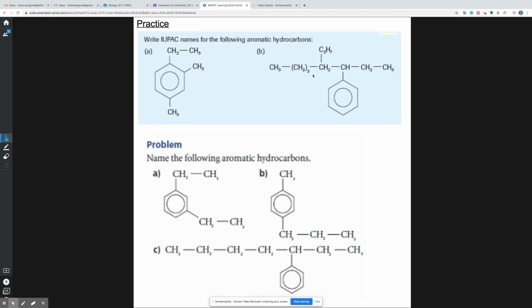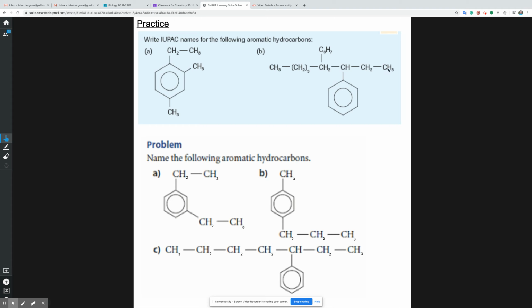For this one, when it's written like this, it's saying we have a whole bunch of CH2 groups, so we have 3 of them. Instead of writing them all out, we just put them grouped together. So this would be 1, then 2, 3, 4, 5, 6, 7, 8. So we have an 8-carbon chain. Then this is a propyl group because it has 3 carbons, and this would be our phenyl group.